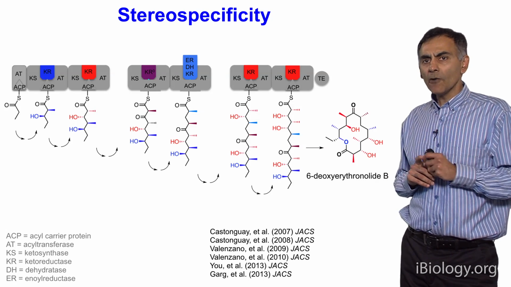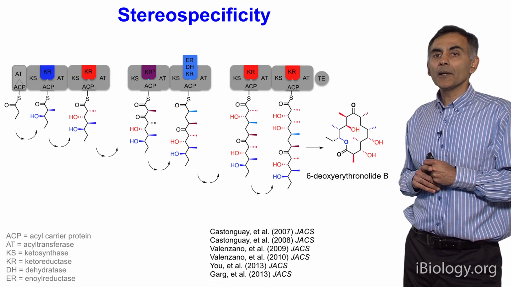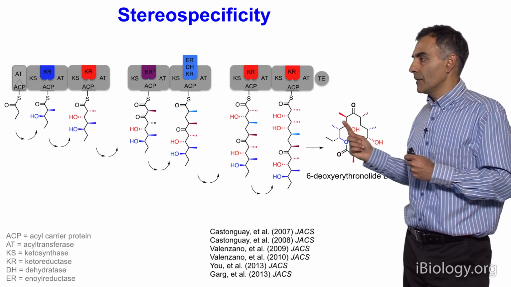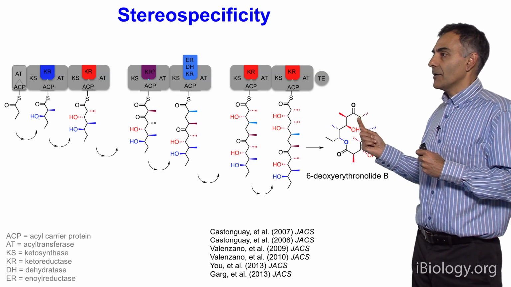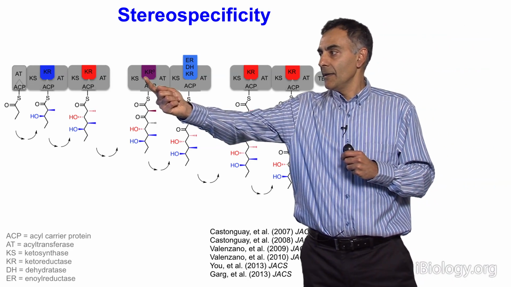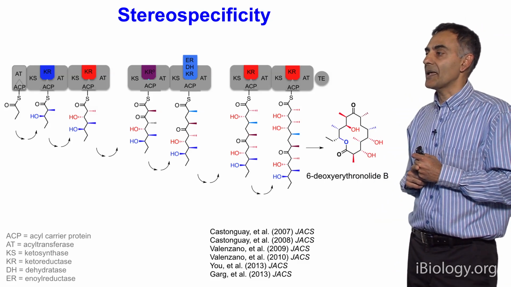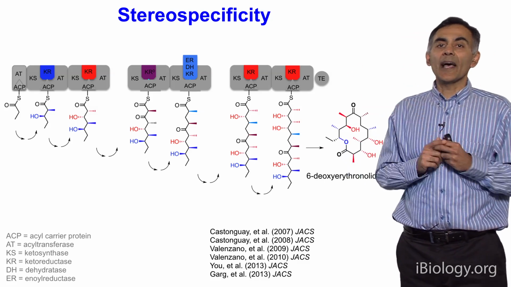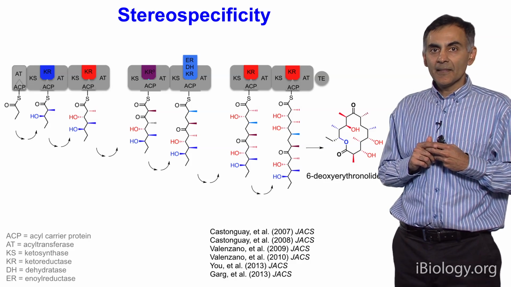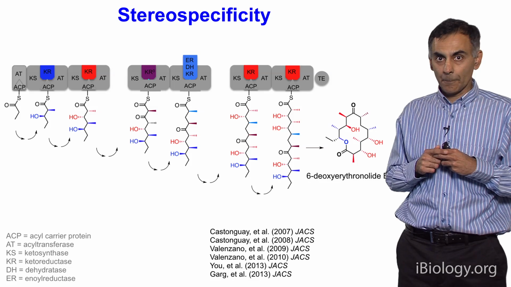So of those 10 stereocenters, one of them, which is this stereocenter, is generated by this ketoreductase in module 3 of the assembly line that I introduced to you as that epimerase that looks like a ketoreductase in my previous lecture.